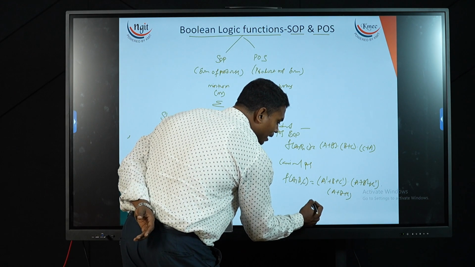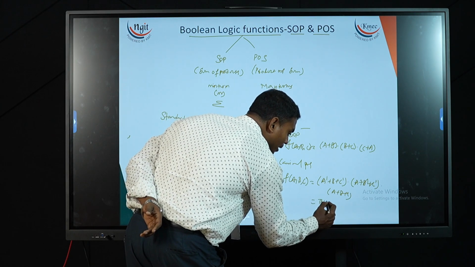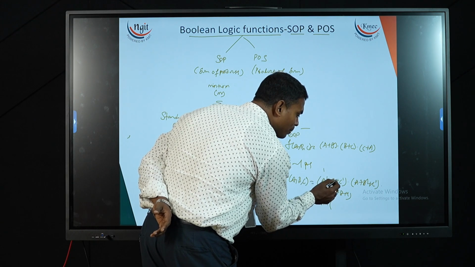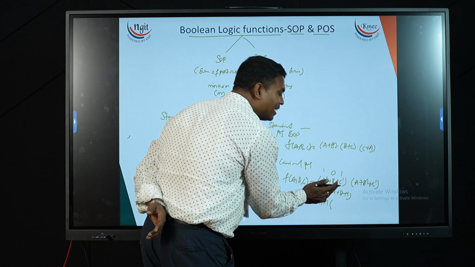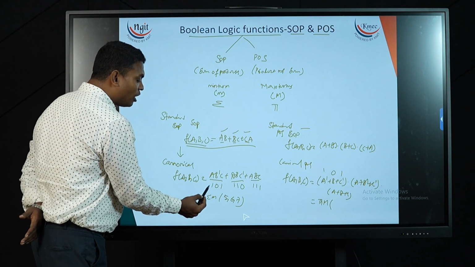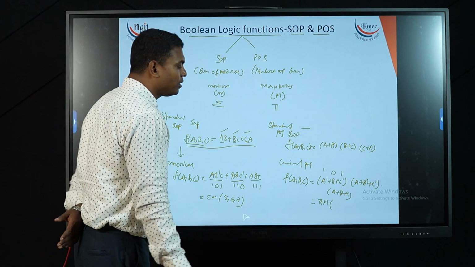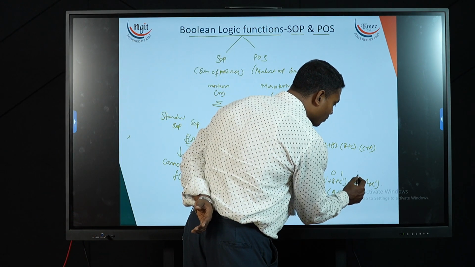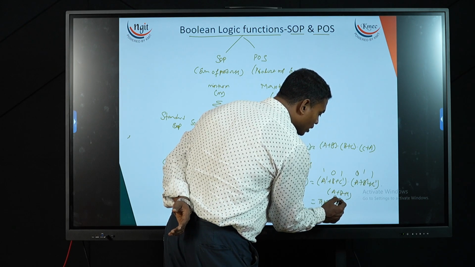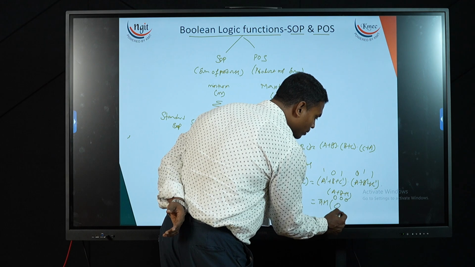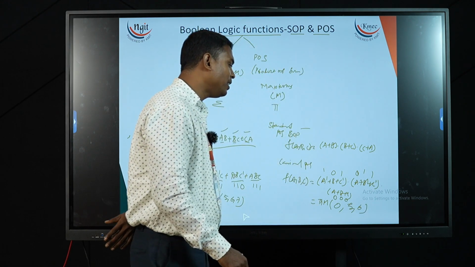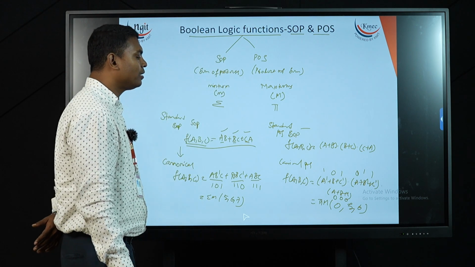Now this can be represented as pi capital M of, where the dashed variable means 1 and the normal variable is 0, so 1 0 1, that is in max terms. Whereas for SOP, the normal variable is 1 and dashed is 0. Here the same: this is 0 1 1, this is 0 0 0. So my 0, 5, 6 is my POS max terms.